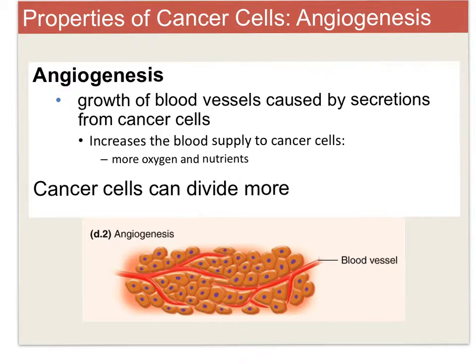And what they do is there are these growth factors that start making blood vessels to bring blood to those new cells. So that's what all cells do. It's called angiogenesis. That means the creation of new blood vessels. And cancer does the same thing.